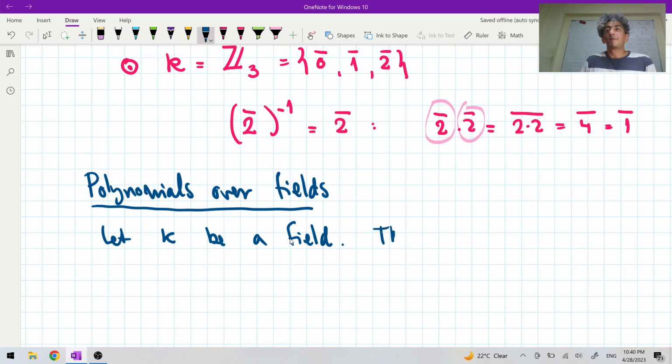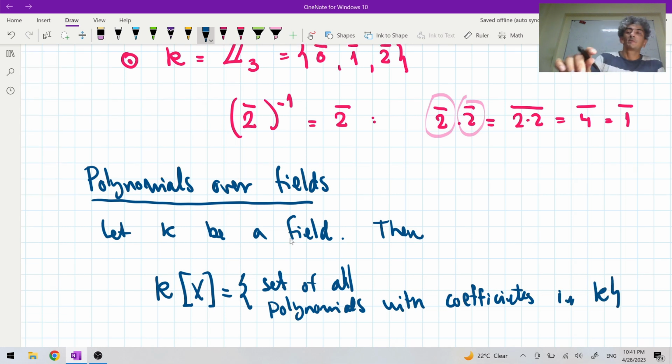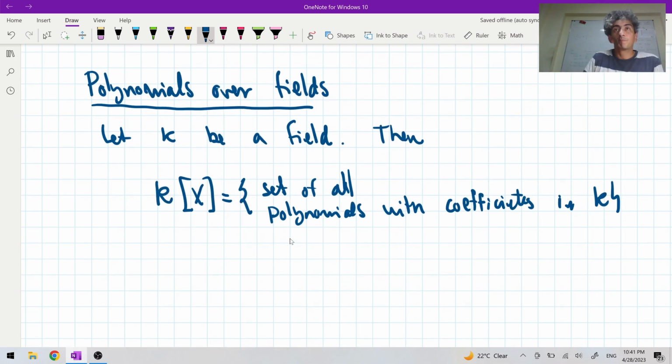Then we are going to look at K of X, which is the set of all polynomials with coefficients in K. So this is simply a set.